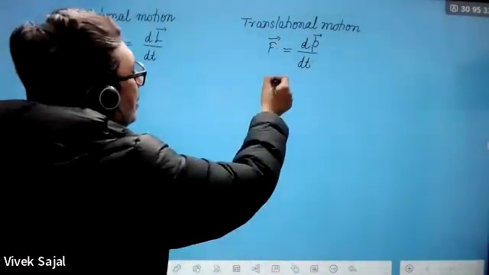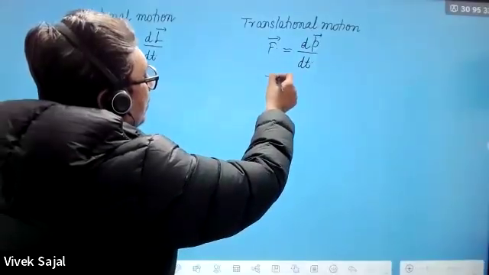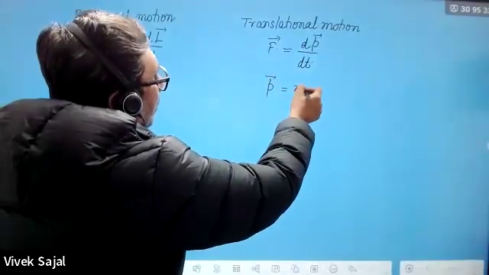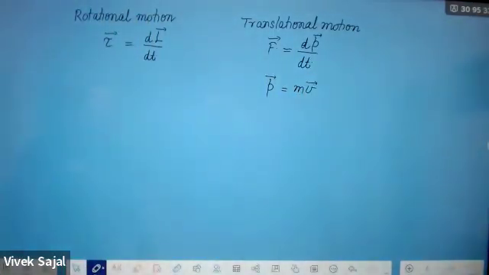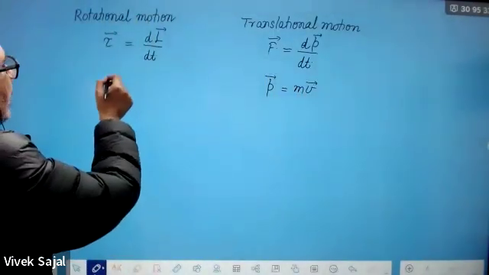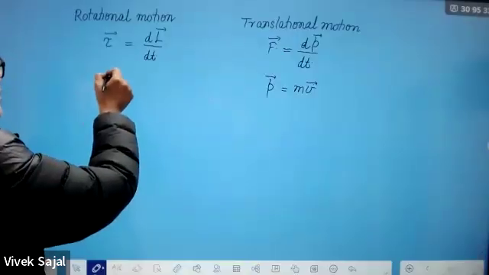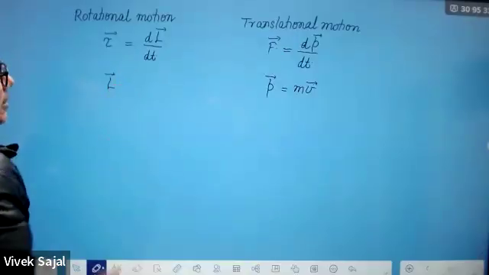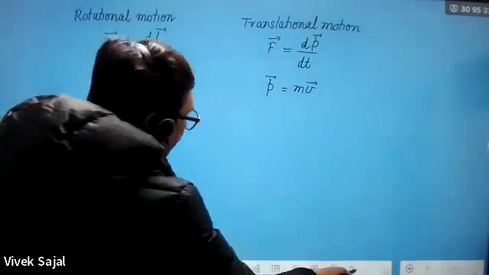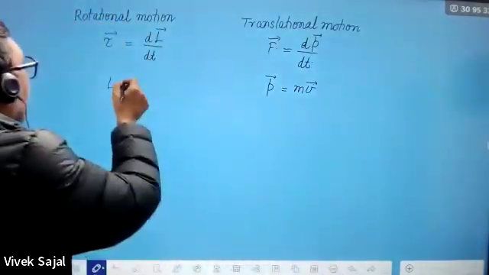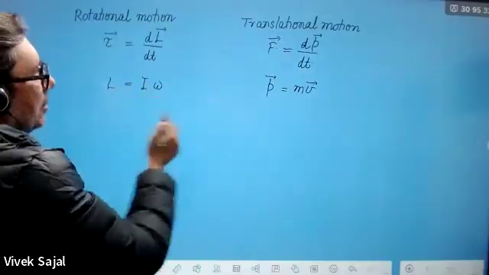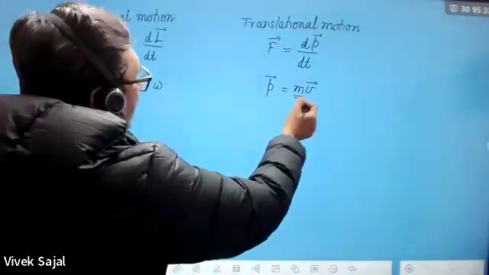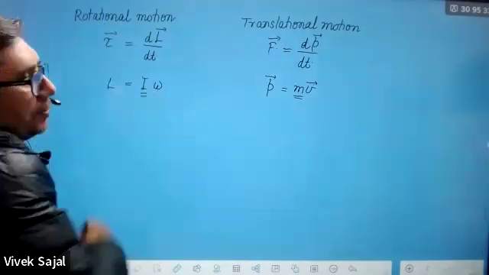What was P? P was mass into v, P equal to mv. What is here? This L. ठीक है, L कितना होता है? If I remove this, that will be I omega. L equal to I omega. So here correspondence of the mass is I, moment of inertia.